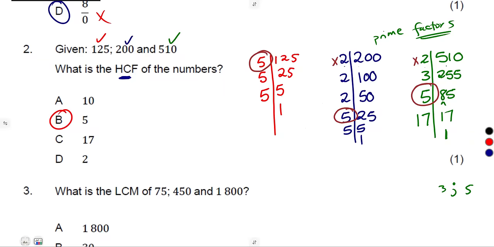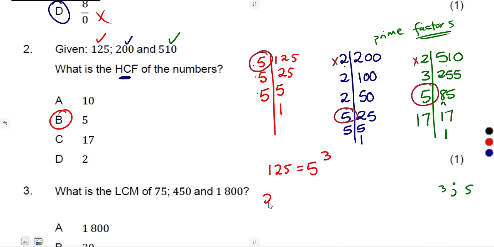Because this is for 1 mark, guys. But anyway, if you do not understand this, then you have to rewrite these numbers as a product of their prime factors properly. 125 is the same as 5 times 5 times 5, which is 5 to the exponent of 3.